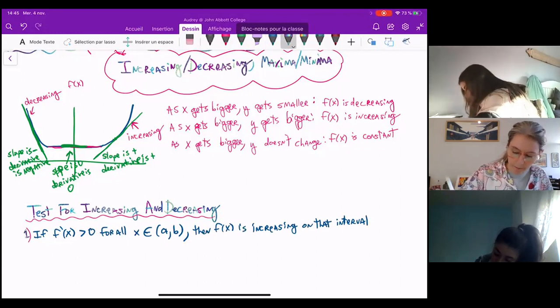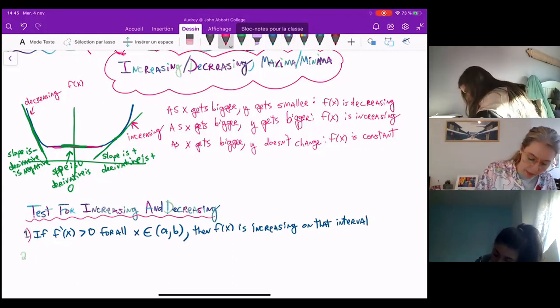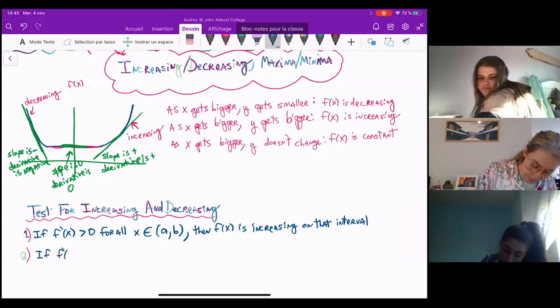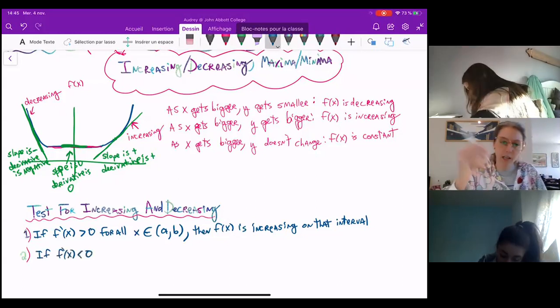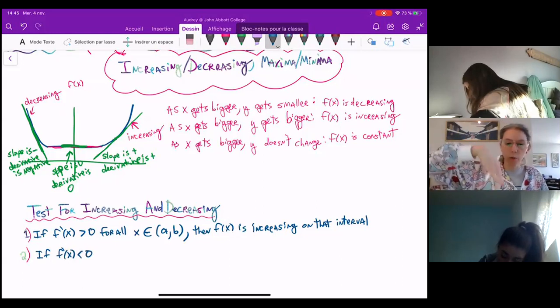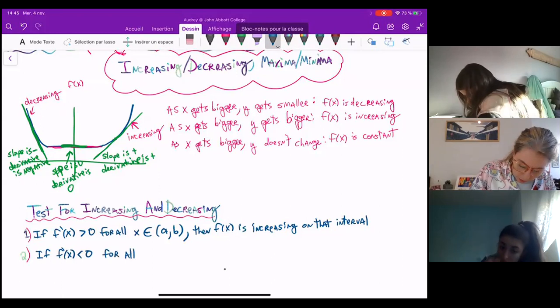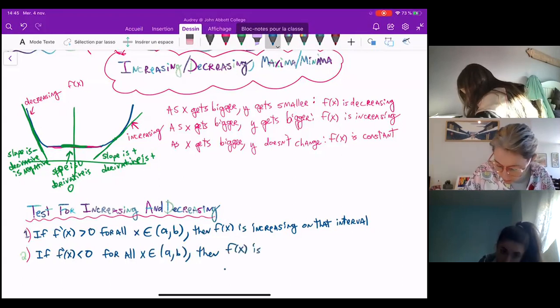Then it tells me that if the derivative is negative on an interval, as we can see up there, a negative derivative happened when it was decreasing. So if it's negative for all x on some interval, then f of x is decreasing on that interval.